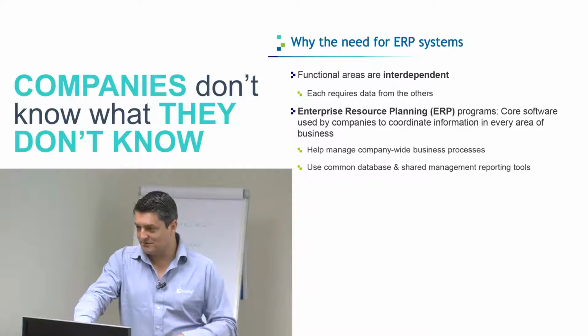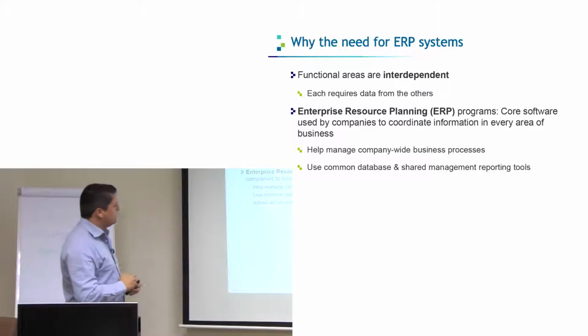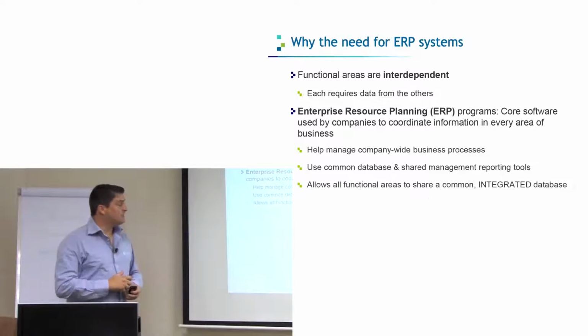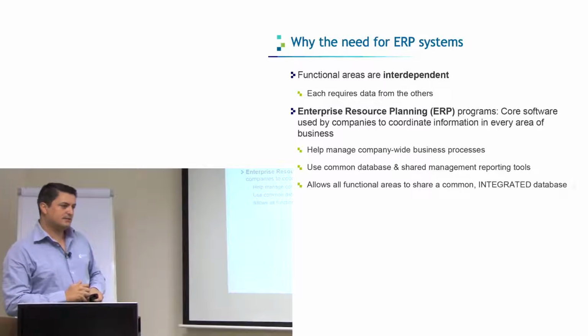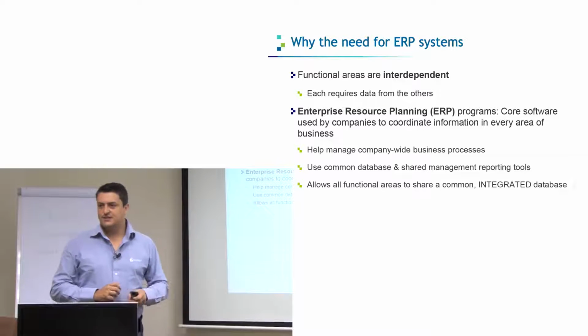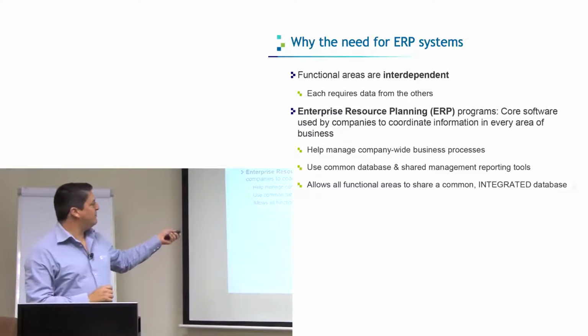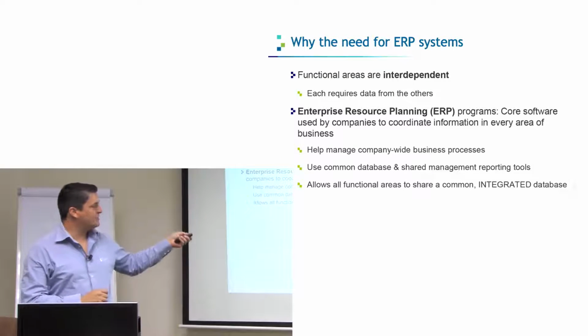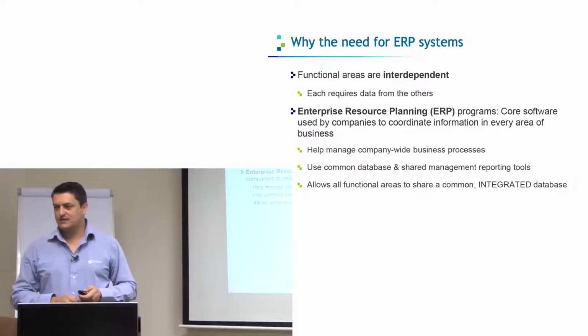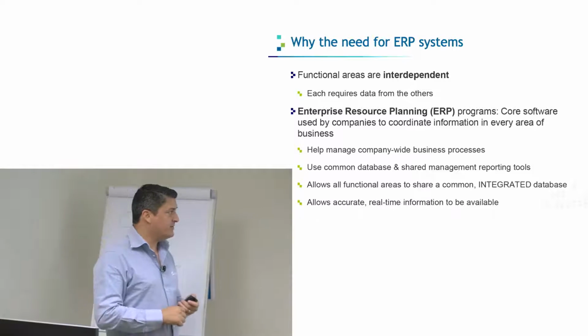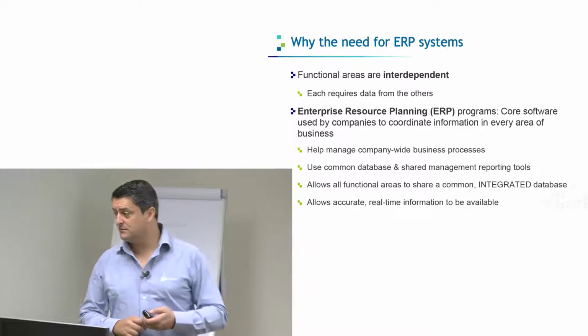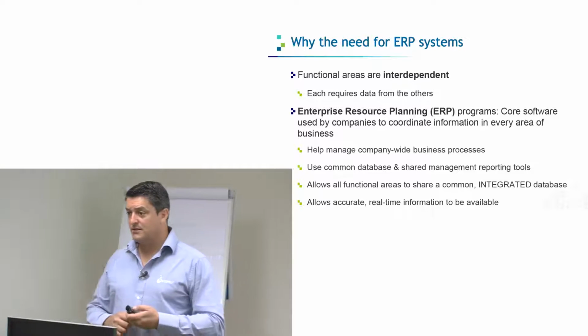We also want to allow all functional areas to share a common integrated database. This is the platform and the framework by which software assists companies in managing limited resources for the planning of the execution of their functions in the marketplace. We also want to allow accurate real-time information to be available, and that's very important.